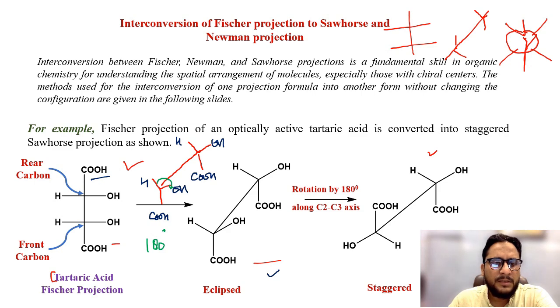When you make it upside down, this COOH will go up, this OH will come over here, this H will come over here, and COOH will go over here, and a new structure will be formed. This structure is the correct representation of the Fischer projection formula of tartaric acid in staggered Sawhorse form.